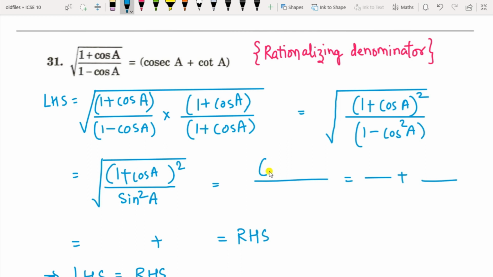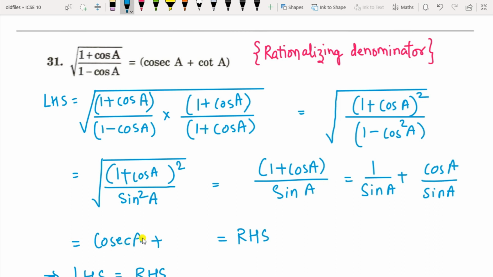So what will remain is 1 plus cos A, and the denominator also will be sin A. Now split the denominator, 1 upon sin A and cos A upon sin A. So 1 upon sin A means cosec A, and cos upon sin means cot A, and that is your RHS, hence proved.